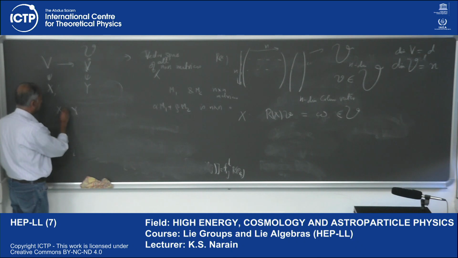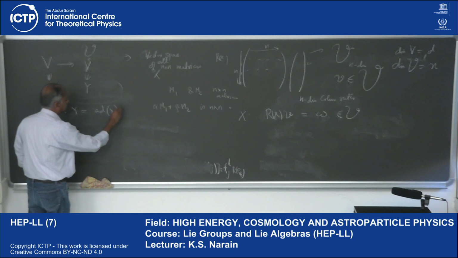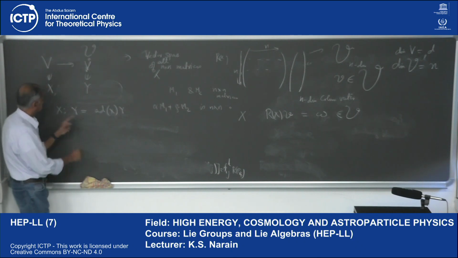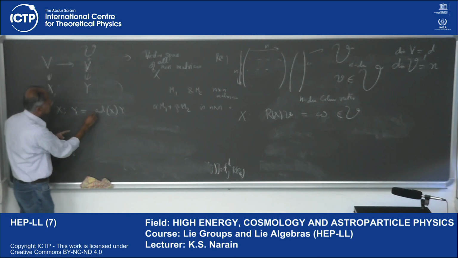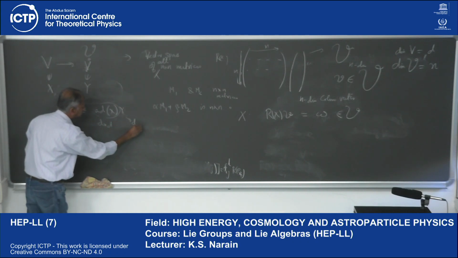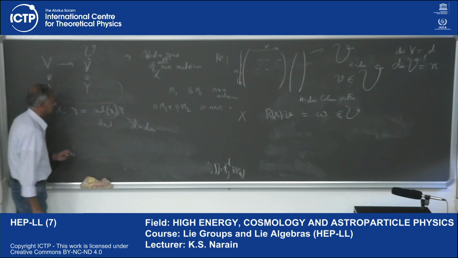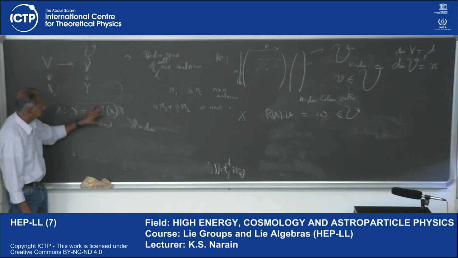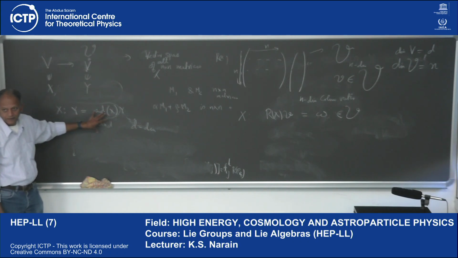x takes y to ad x acting on y. Since x is d-dimensional, this is a d-dimensional vector, clearly this is a d cross d matrix. Why? Because y is also d-dimensional. This is also d-dimensional. So any linear transformation will be expressible as a d by d matrix.